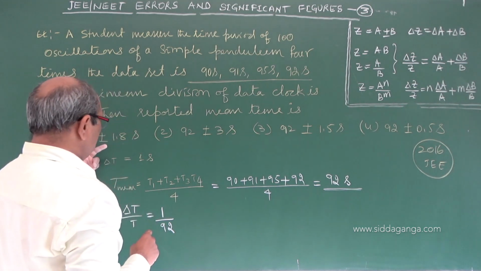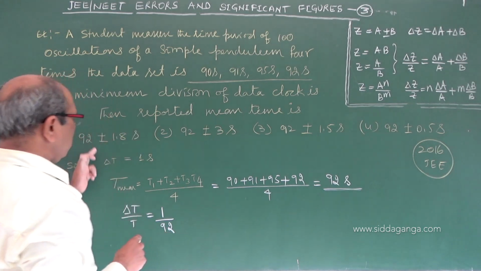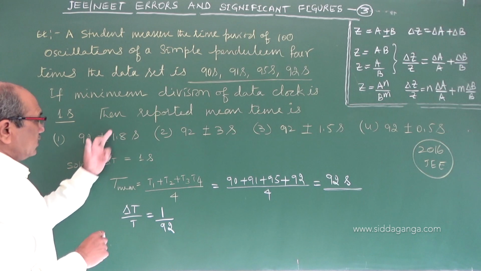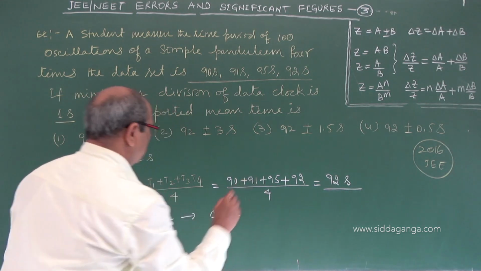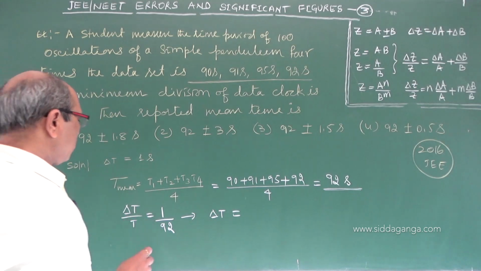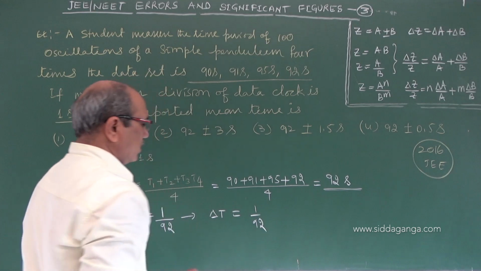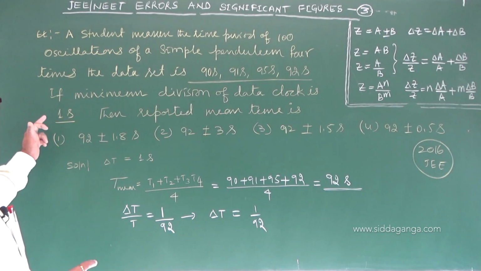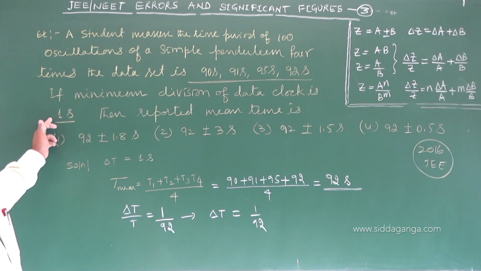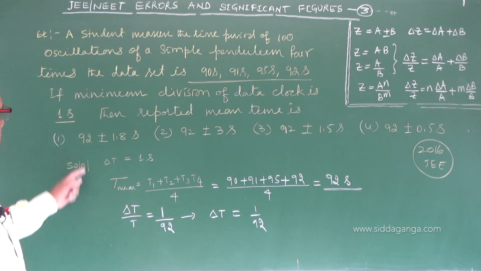But what you require is the value of delta T. The given least count is 1 second, and the reported mean time we got as 92.